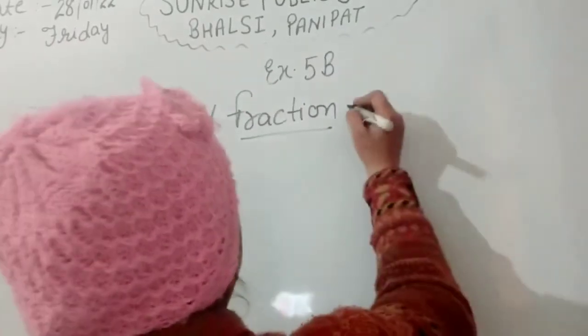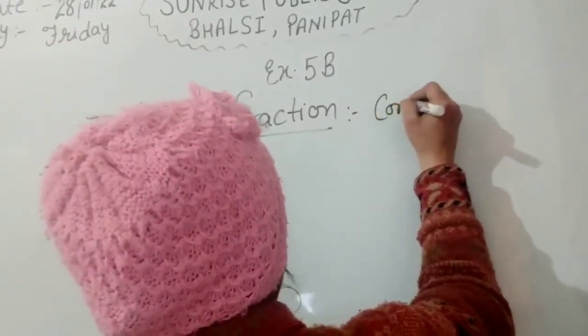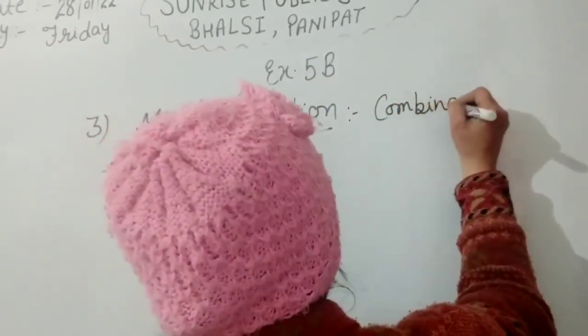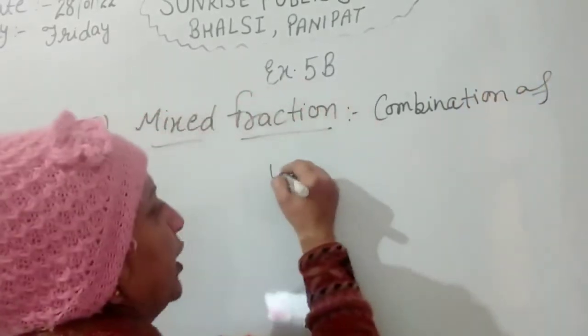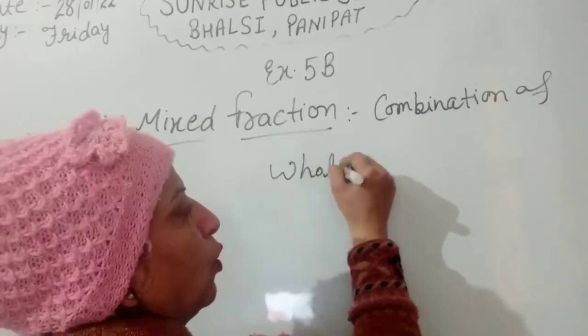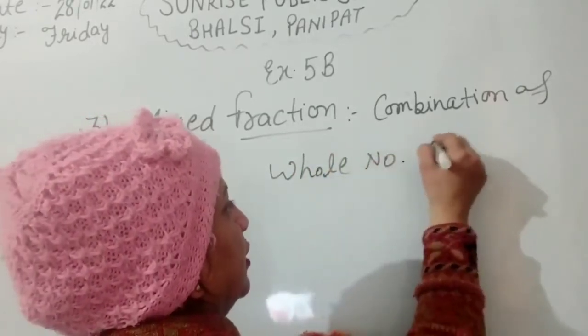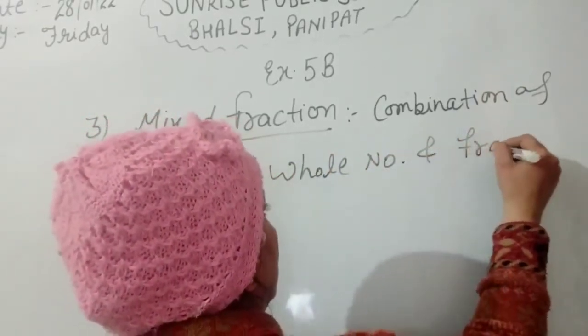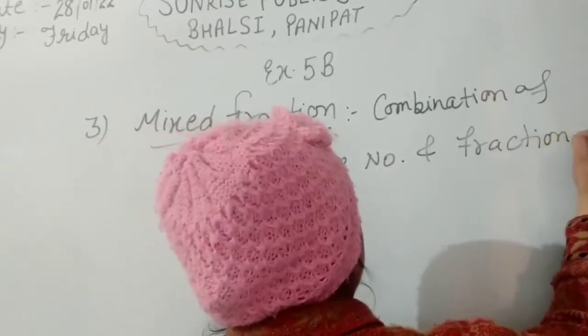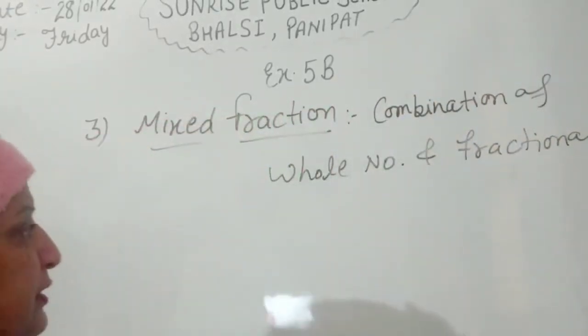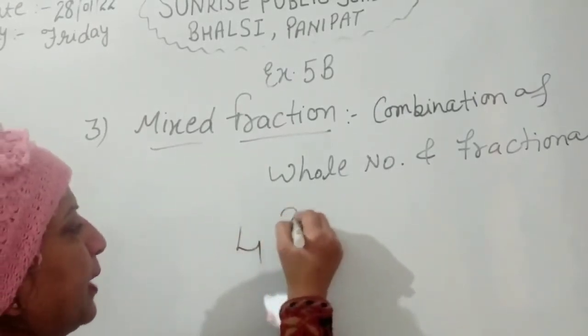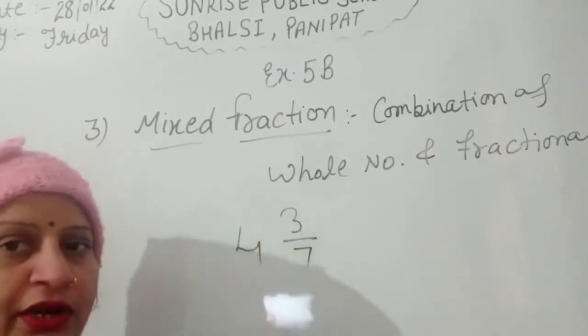So it is the combination of a whole number and a fractional number. Now we take an example, that is 4 combined with 3 by 7.